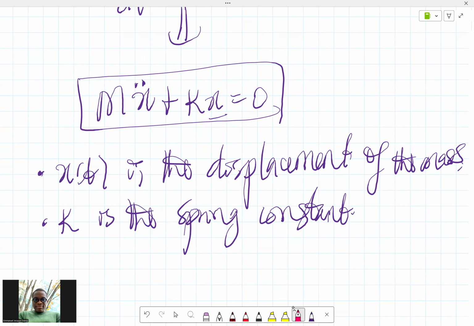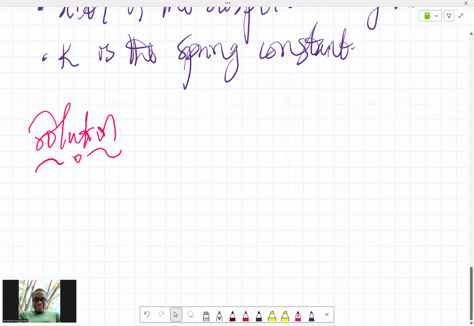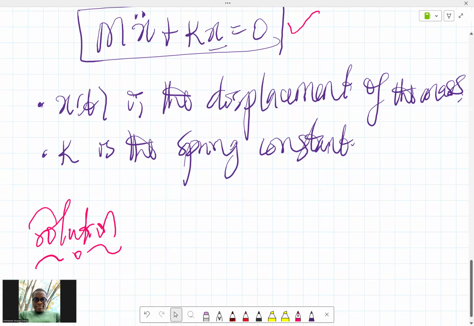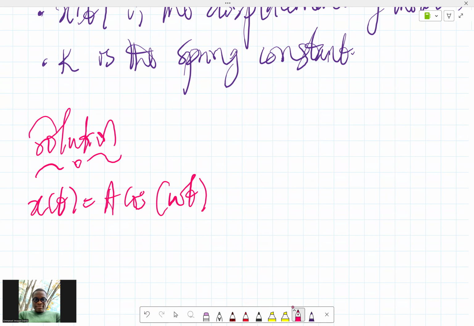Now, interestingly, when you solve this equation, you get the solution, and of course you can use all the methods we've been talking about all along. The solution is x of t equals a cos omega t plus b sine omega t.